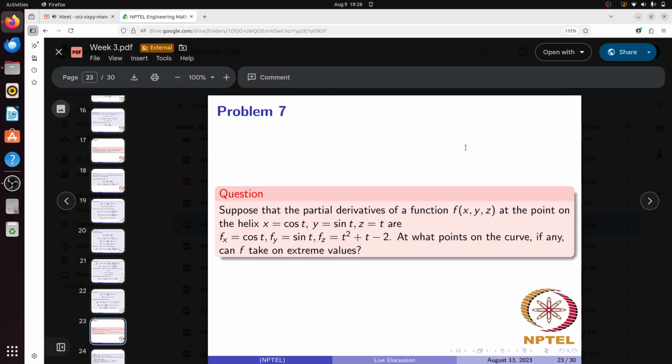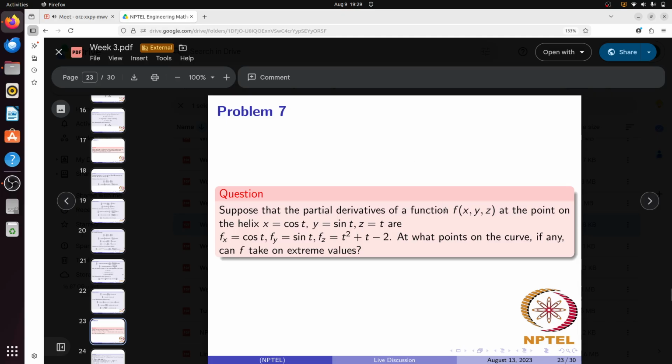So extreme values means fx, fy, fz are zero. x equal to cos t, y equal to sin t, z equal to t. So basically you are putting a constant.